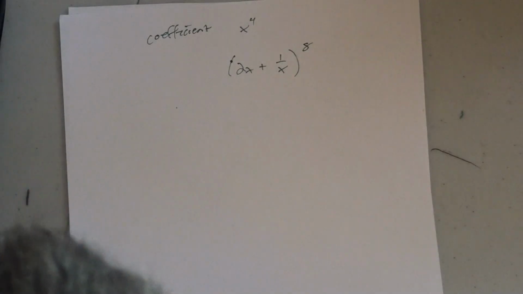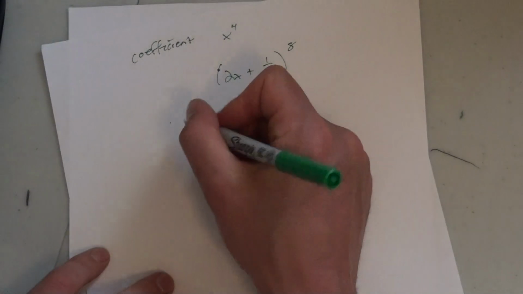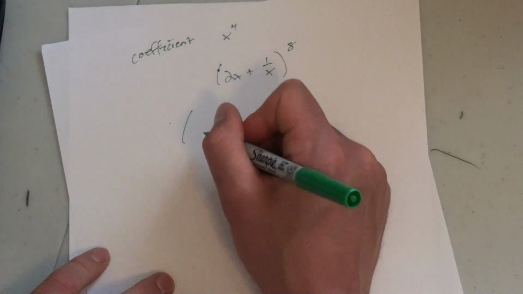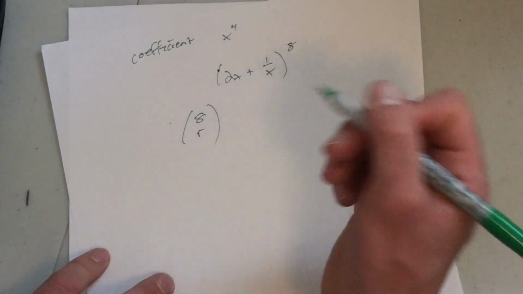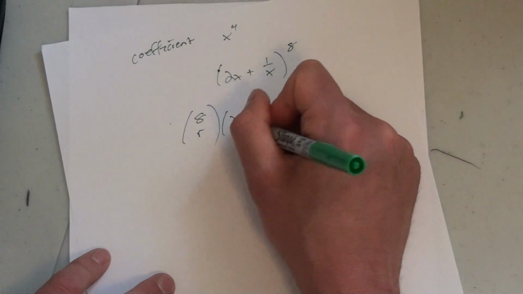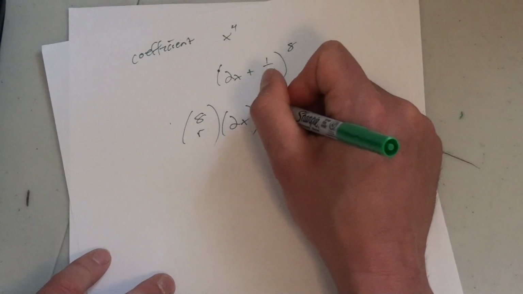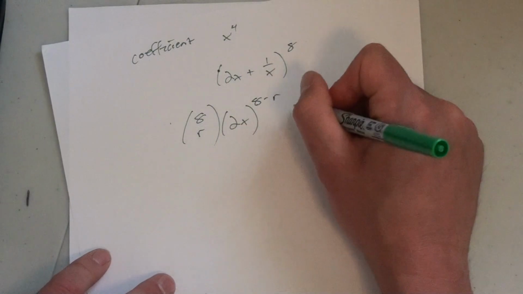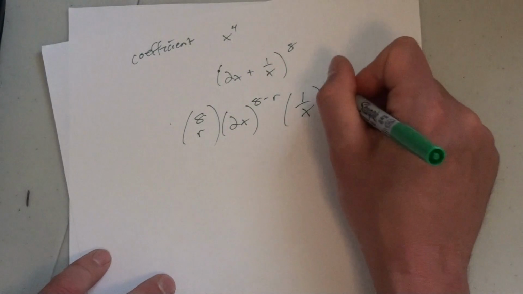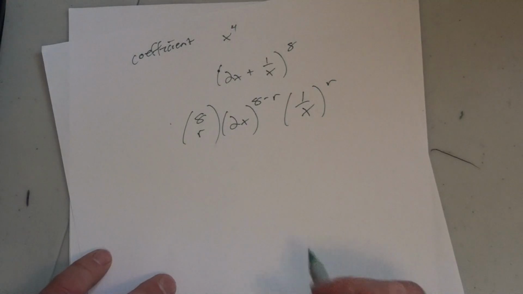I'm just going to set this up for us. Same idea, it'd be 8 choose r. I don't know what my r is. 2x to the 8 minus r, and I have 1 over x to the r using my formula.